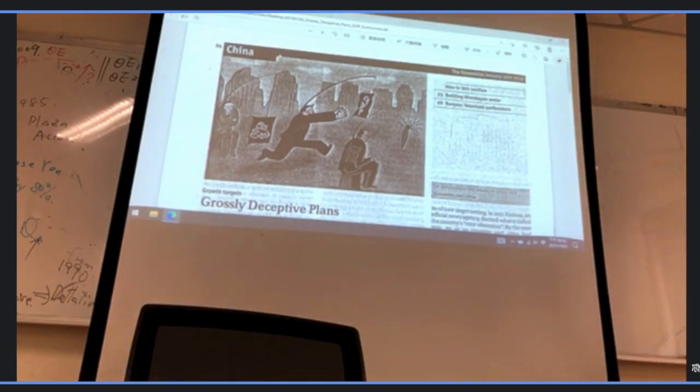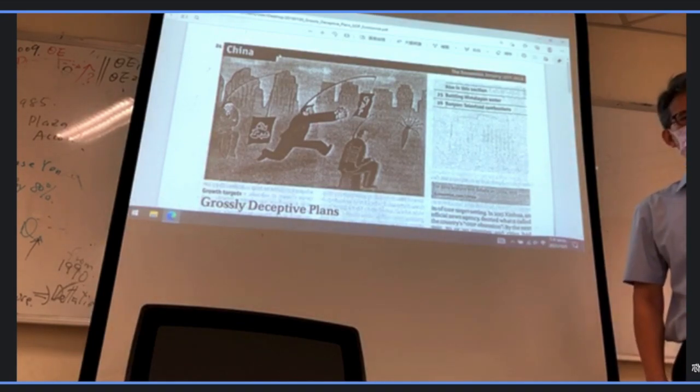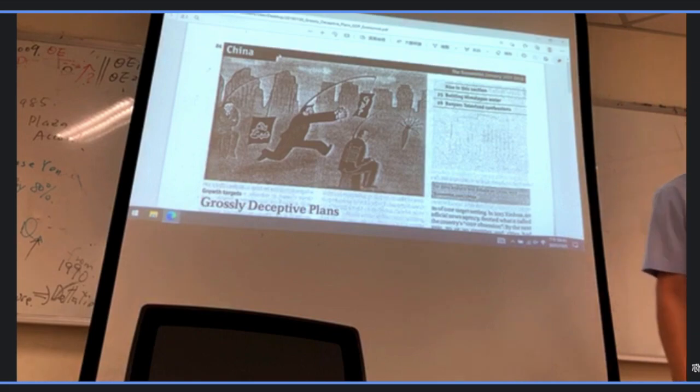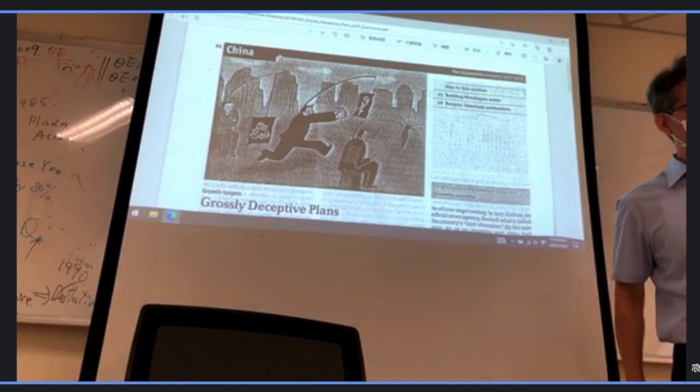Second phenomenon is they tend to inflate the performance, not by force, but through all kinds of investment, without considering the side effects. For example, chemical plants. Okay, chemical plants, they had a lot of pollution.